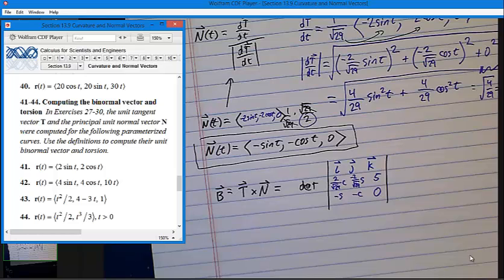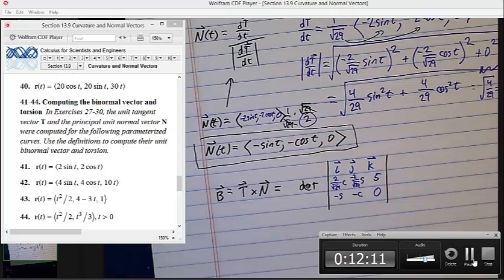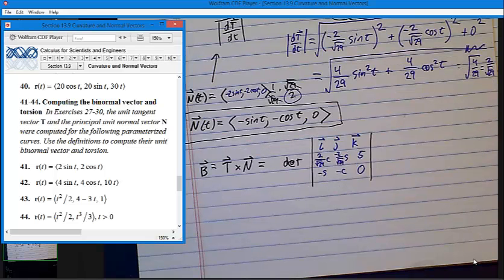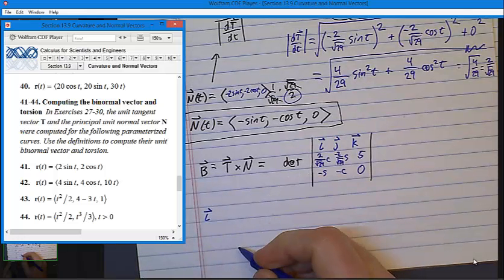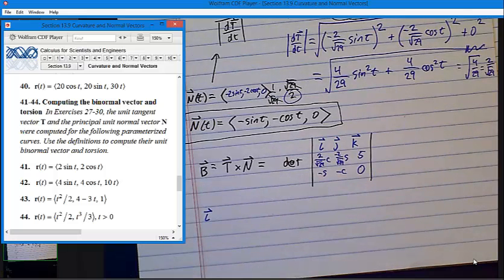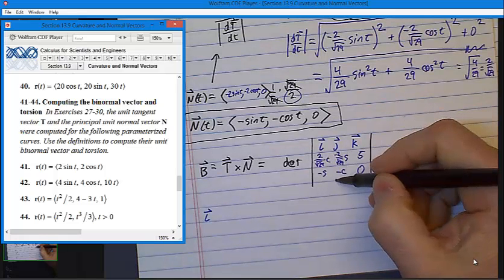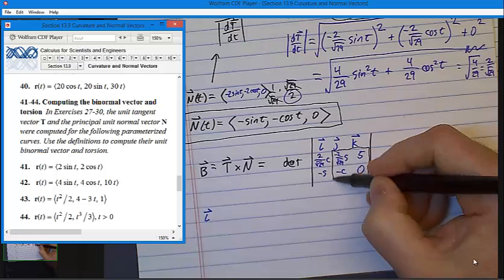Any questions so far on what that means? What I'll do is write i times what? Well, when you take the determinant that goes with the i, you're looking at this submatrix.